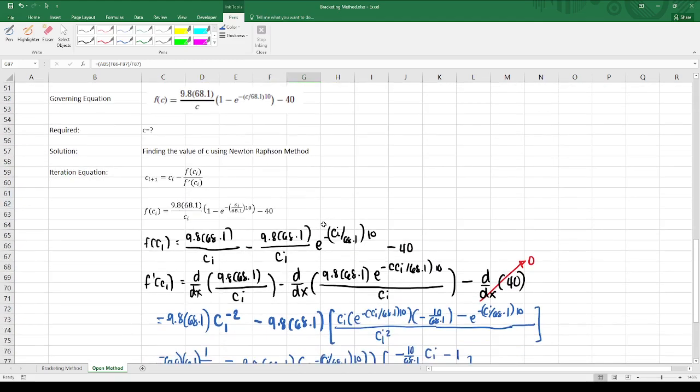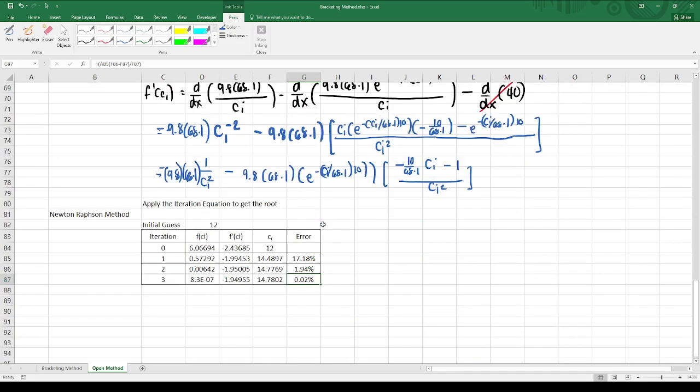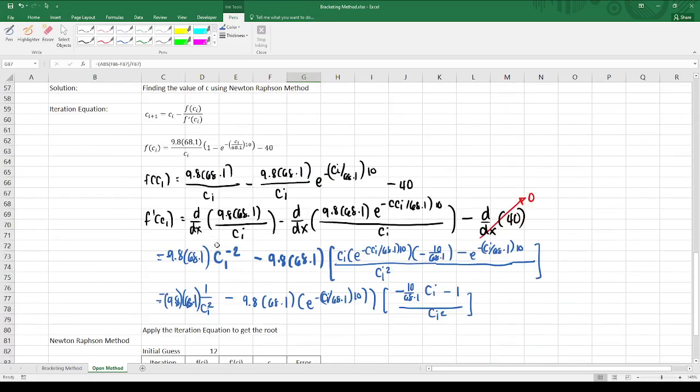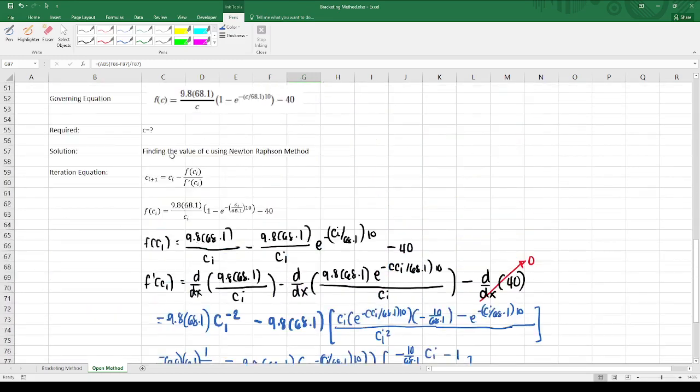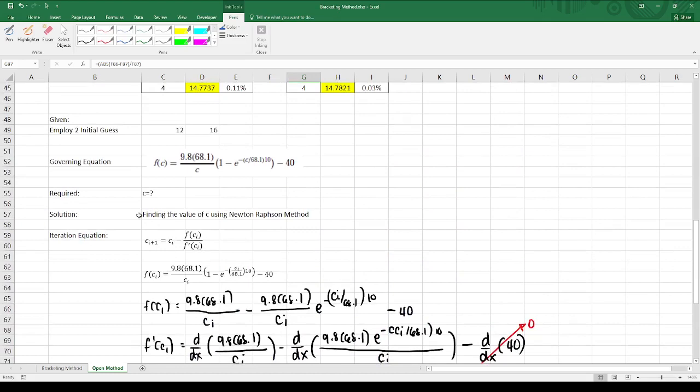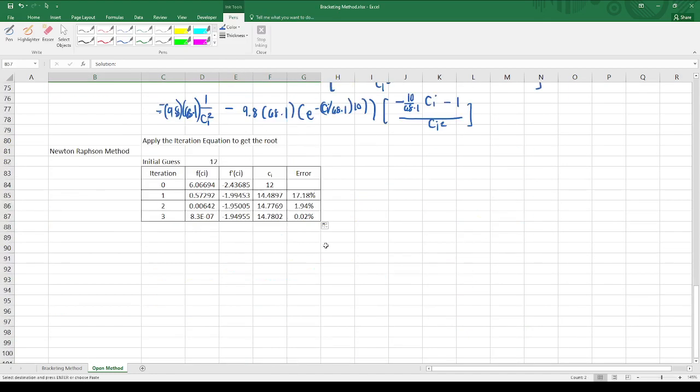So, let's proceed with the modified, the second method. So, same, no? Let's just do it here. So, solution. Finding the value using second method.